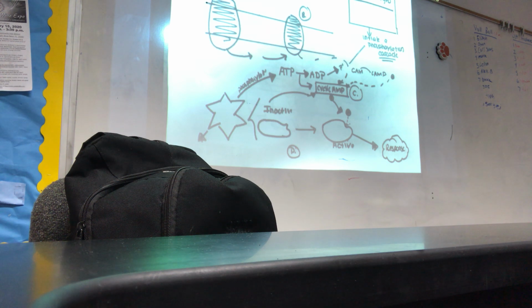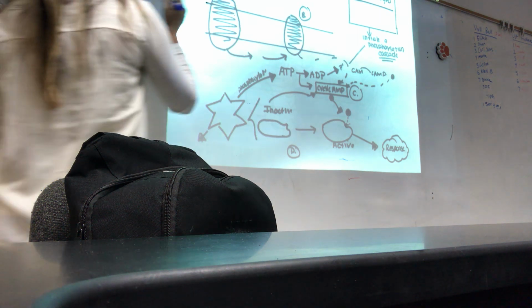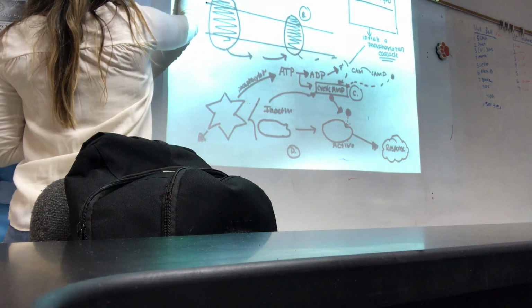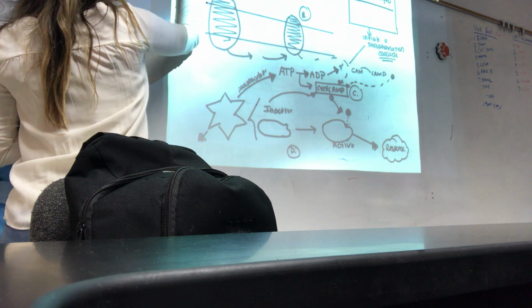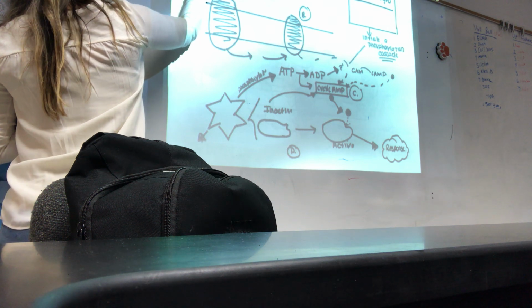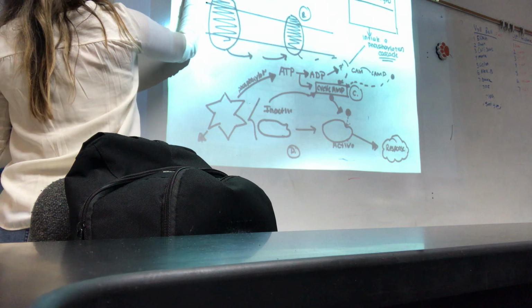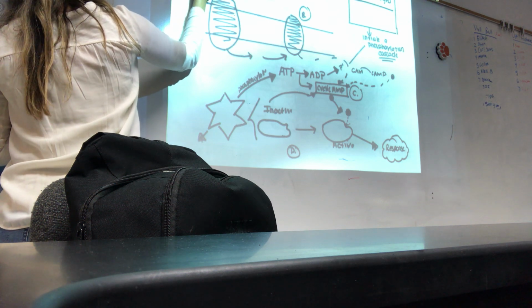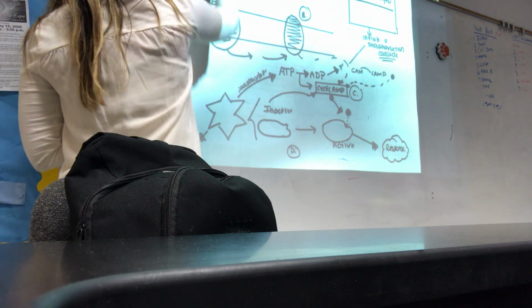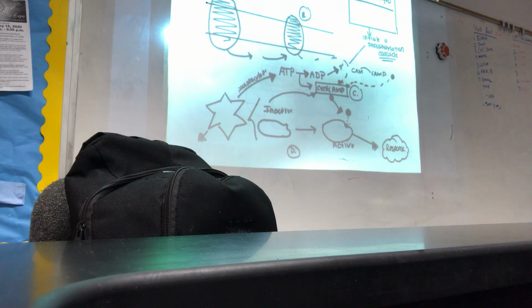Okay? So, now, again, reception usually involves a protein receptor and a signal molecule. And I told you guys, in order for this to work, these 2 must be compatible with each other, okay?